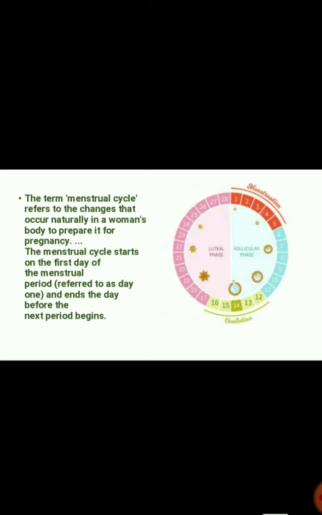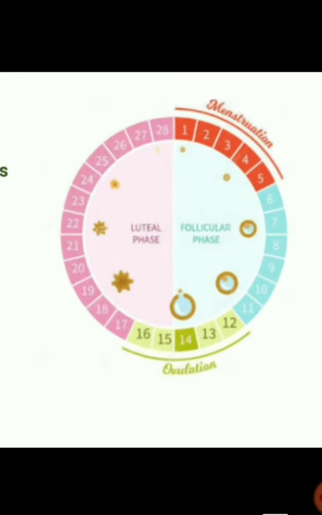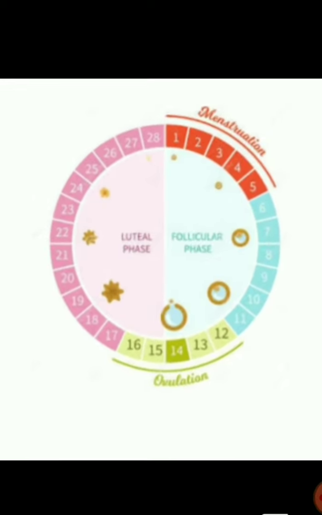Normally the menstrual cycle is of 28 days. The first day of bleeding is considered as day 1 of the menstrual cycle. In this figure you can see the bleeding phase is of 4 to 5 days, which is here in red color.